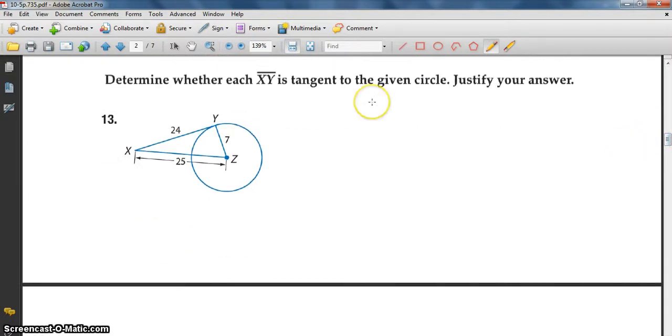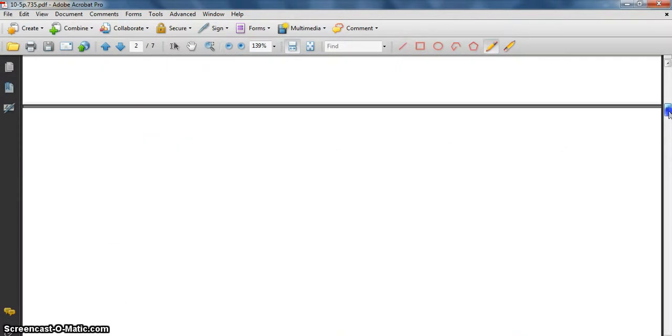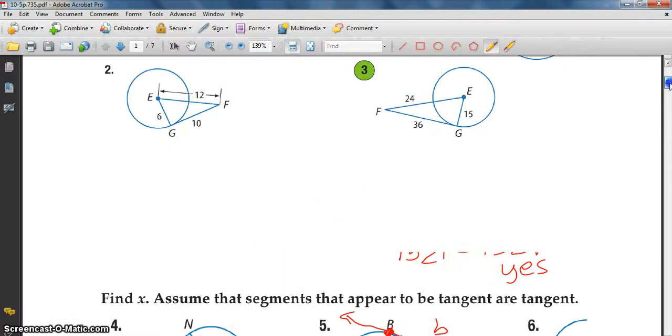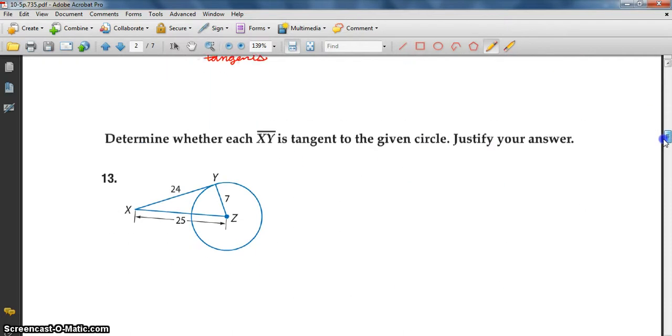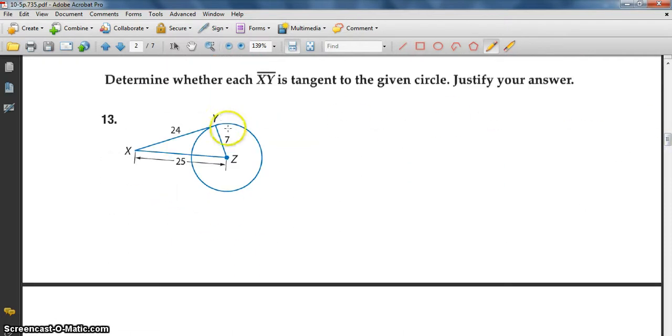Number 13. Determine whether each segment XY is tangent to the given circle. Justify your answer. Okay, so this was a lot like, what problem was it? Number 3. So in order for the line going through XY to be tangent, to touch the circle at exactly 1 point, then it needs to be perpendicular to the radius at the point of tangency.